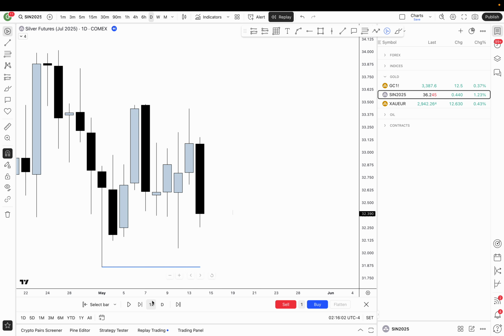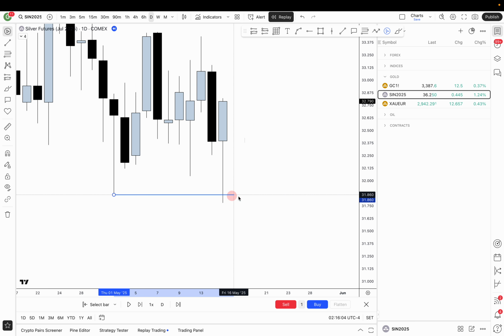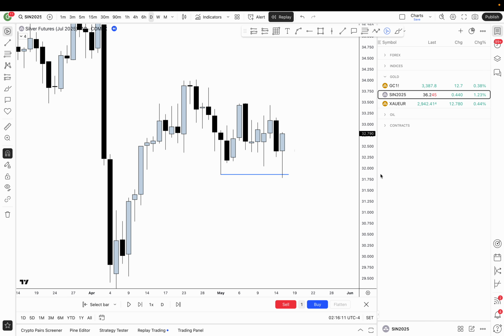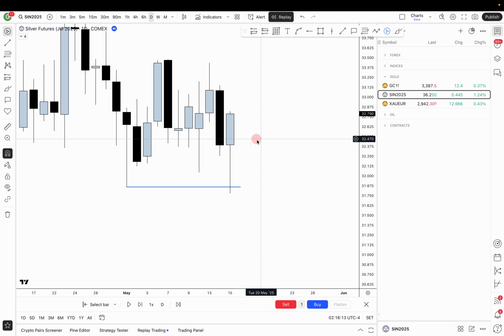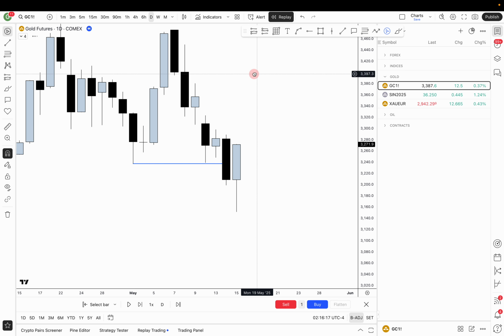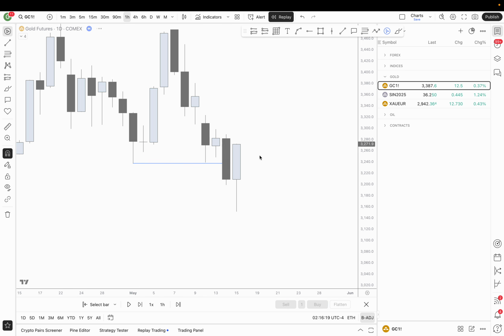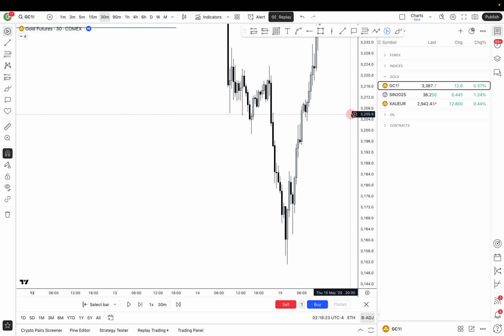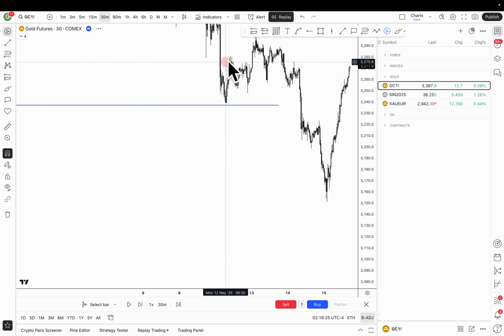So what you're going to see is as soon as we hit this low on silver, this is obviously a potential reversal point because it's a relevant low. There's nothing beyond this low. But what do you need if silver is going to expand? Then what do you need gold to do? You need it to switch strength, ideally. So this is where that concept comes in that I've taught you guys. That obviously gold was the weaker asset.